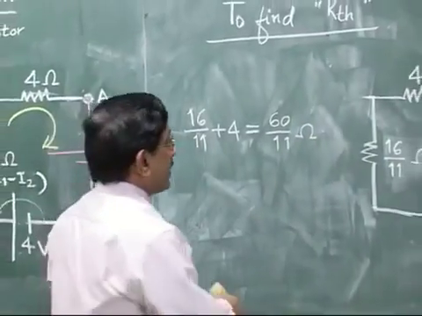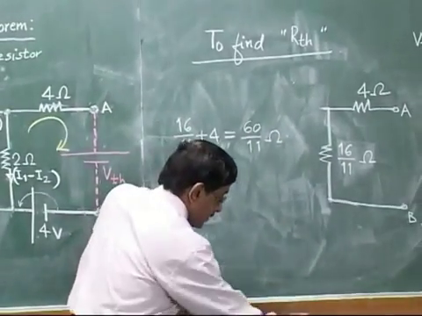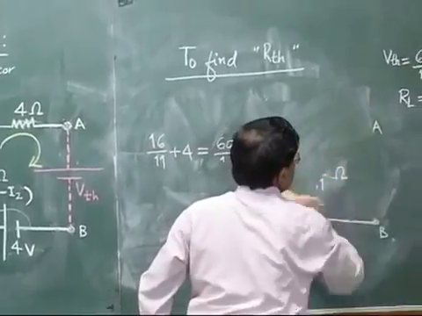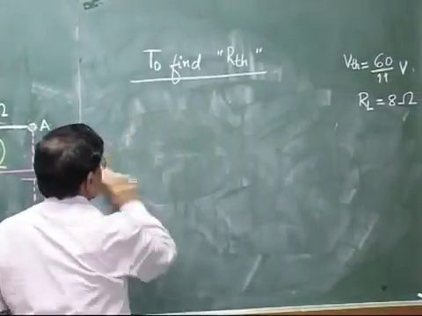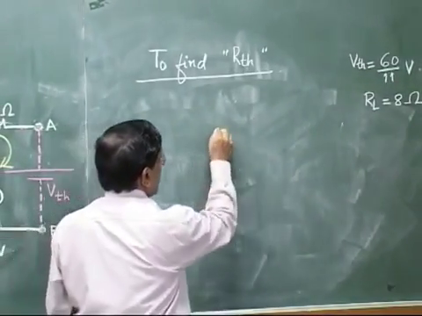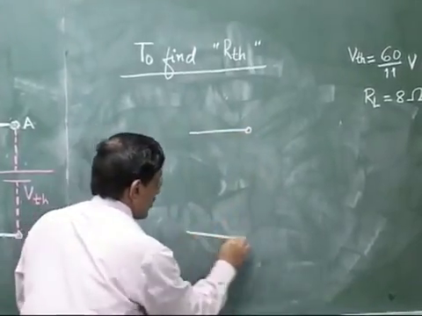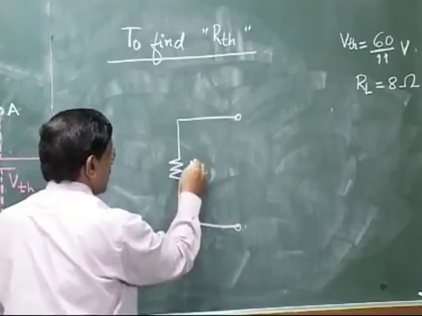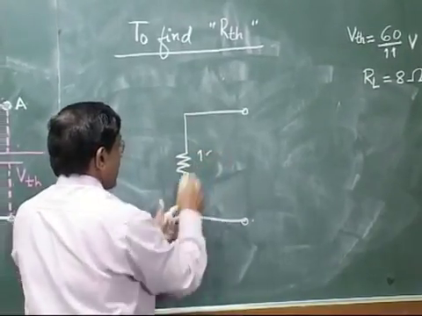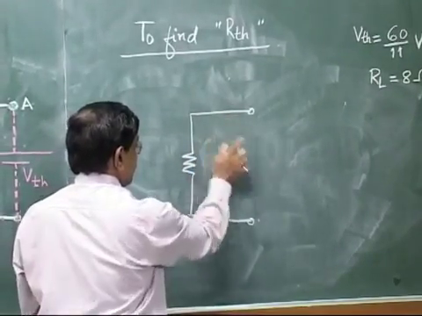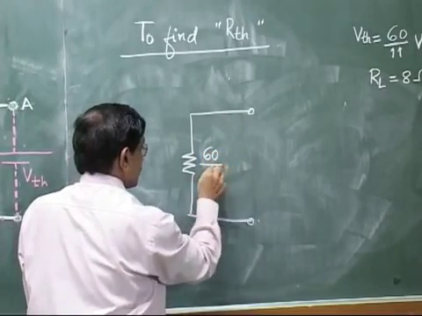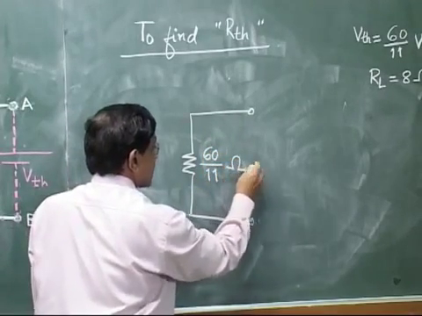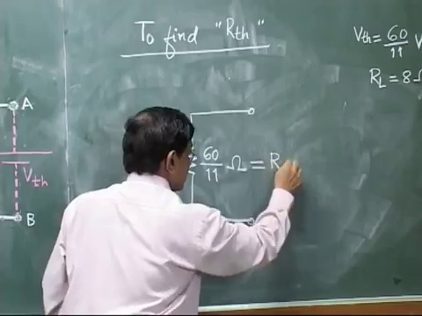So finally, I can write the circuit like this. Our point A was here, our point B was here, and just one final value of resistance that we got as 60 by 11 ohm. And this is nothing but our RTH.